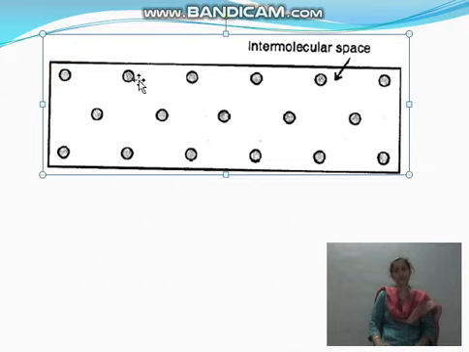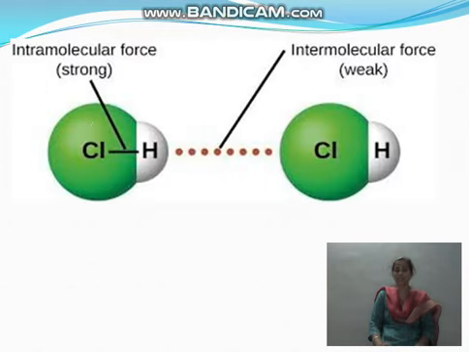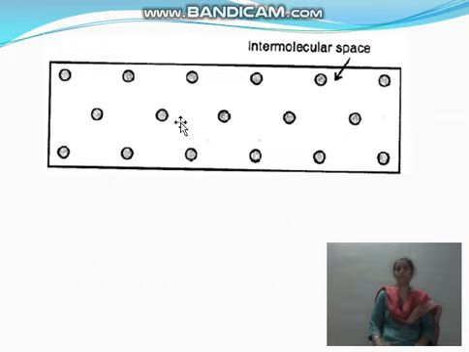The attraction between the chlorine and hydrogen is called the intermolecular force of attraction, and the space between the particles is called intermolecular space.